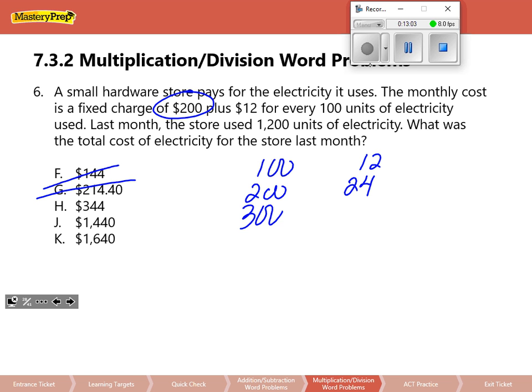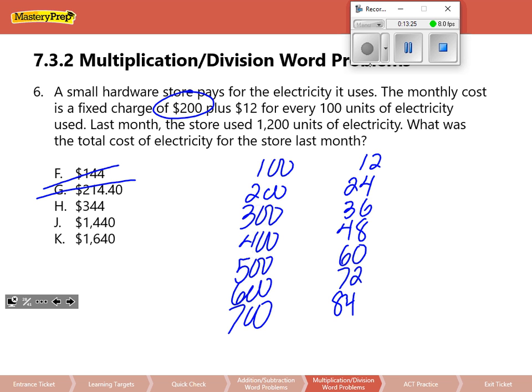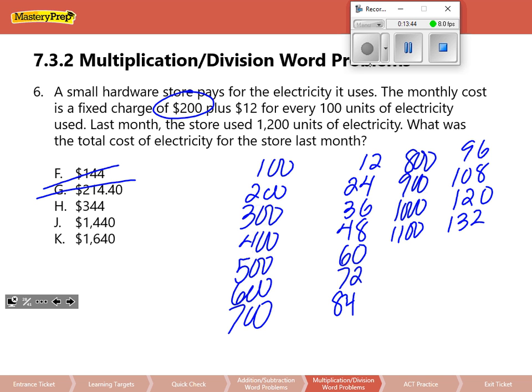If I add again, 300 units would be 36. 400 would be 48. 500 would be 60. 600 would be 72. 700 would be 84. 800 would be 96. 900 would be 108. 1,000 would be 120. 1,100 would be 132, and 1,200 would be $144. So the amount that they get charged for the 1,200 units is $144.